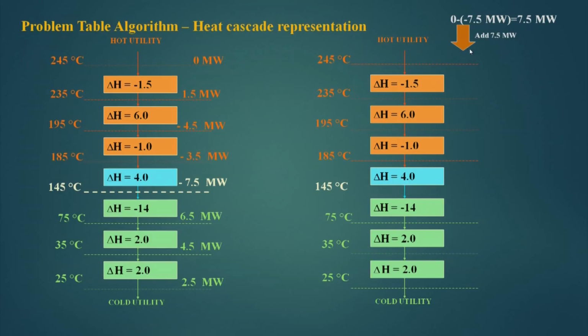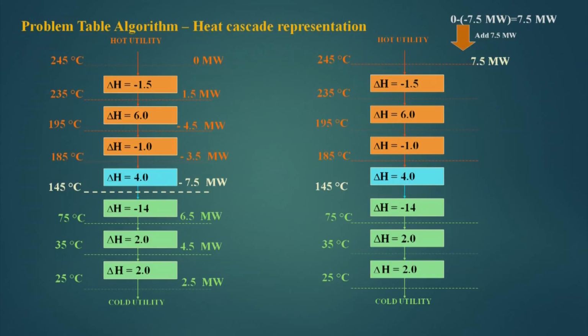It will be at a temperature of hot utility, which will obviously be more than 245 degree centigrade, and if I have considered delta T minimum to be 10 degree centigrade, then the level will be 255 degree centigrade, and this will also be a shifted temperature. So, from a shifted temperature of at least 255 degree centigrade, heat of 7.5 megawatt will be passed to this cascade.